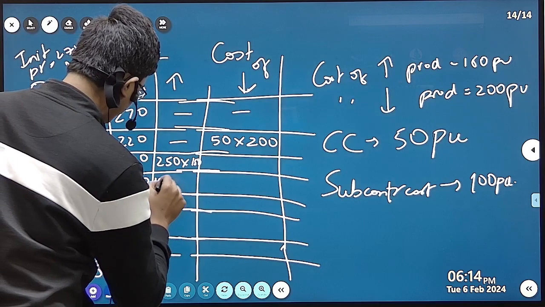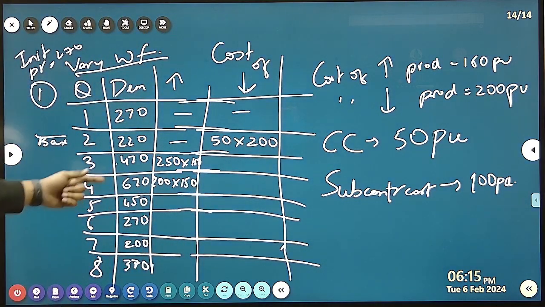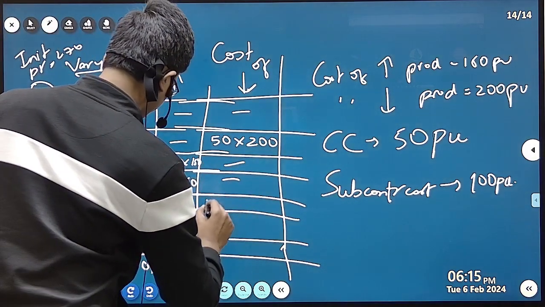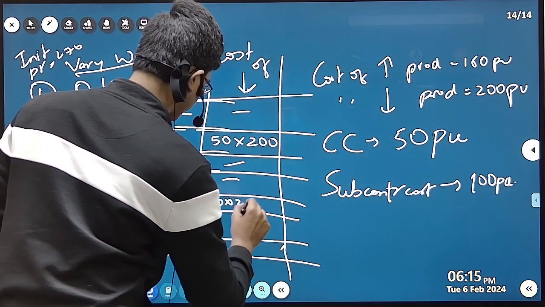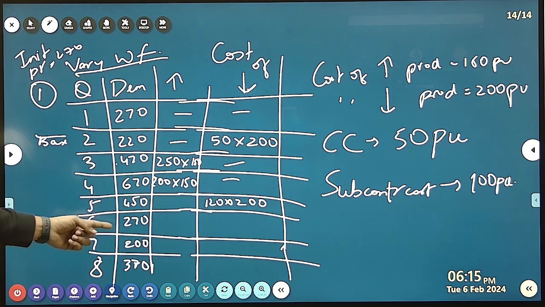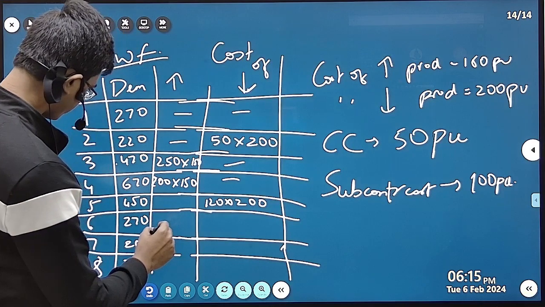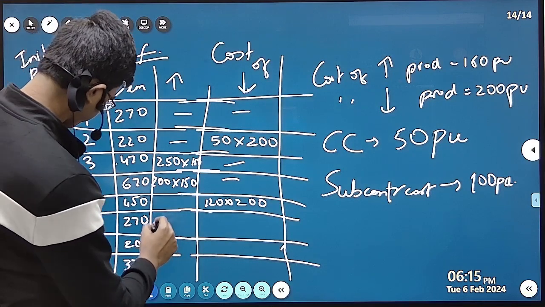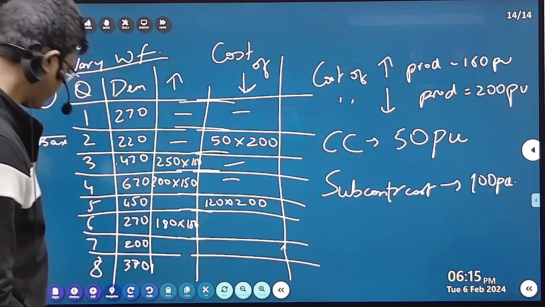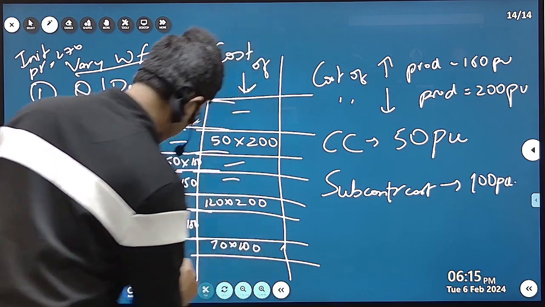So this is 200 into 150. Now we are decreasing it by 120 units. Correct. So that is 120 into 200. Now again we are increasing it by 280, is it? No, 200, 180, 150. We are decreasing it by 70, increasing it by 170.